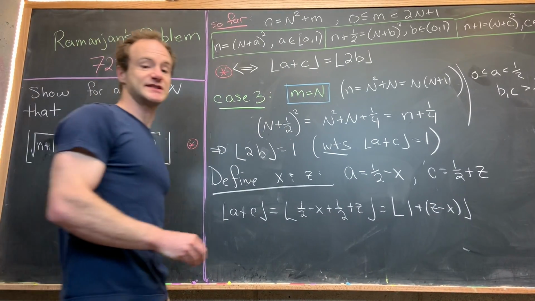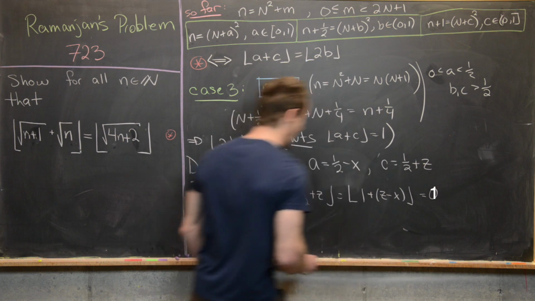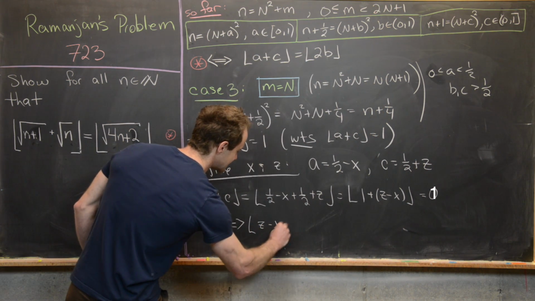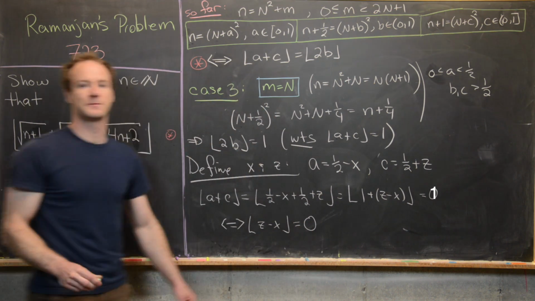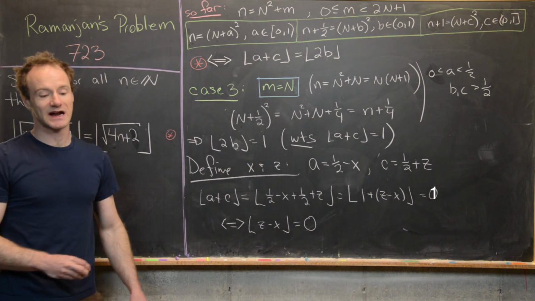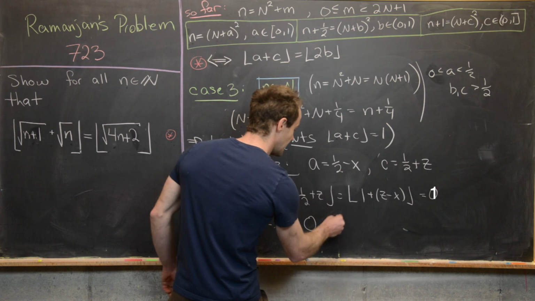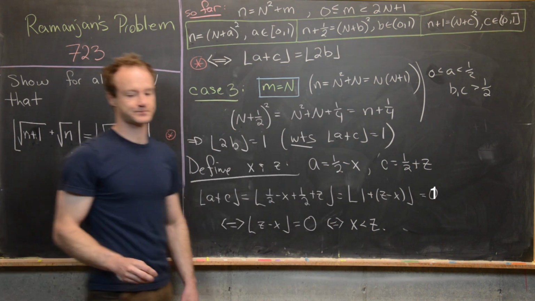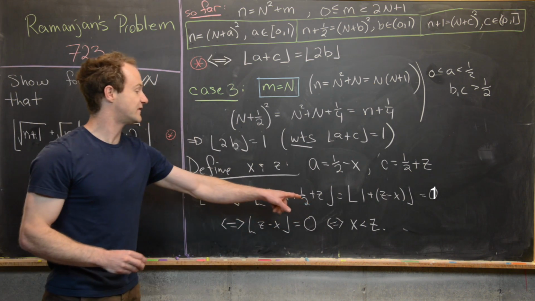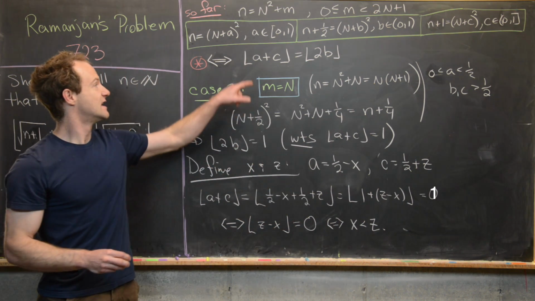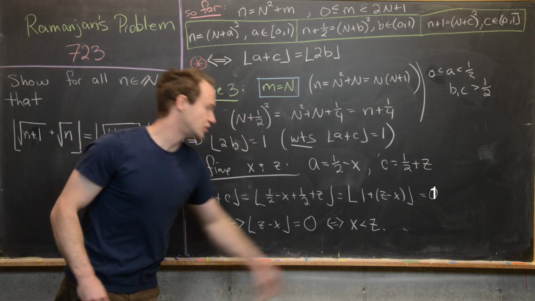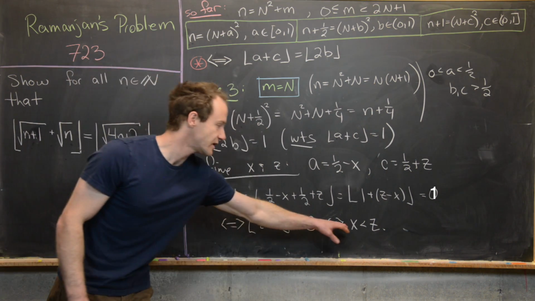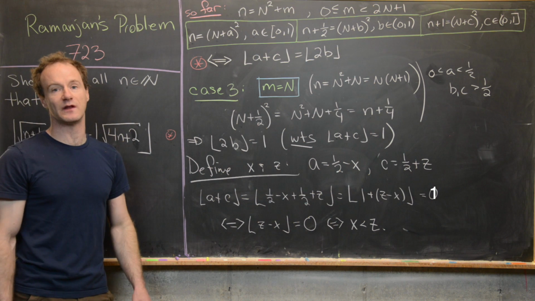Okay, and now let's notice that this is equal to 1 if and only if the floor of z minus x is equal to 0. But the floor of z minus x is equal to 0 if and only if x is less than z. Great. And so what we've done is we have replaced this condition up here with our new condition, which is x is less than z. Okay, so we'll keep this new condition. I'll clean up the board and then we'll keep going.